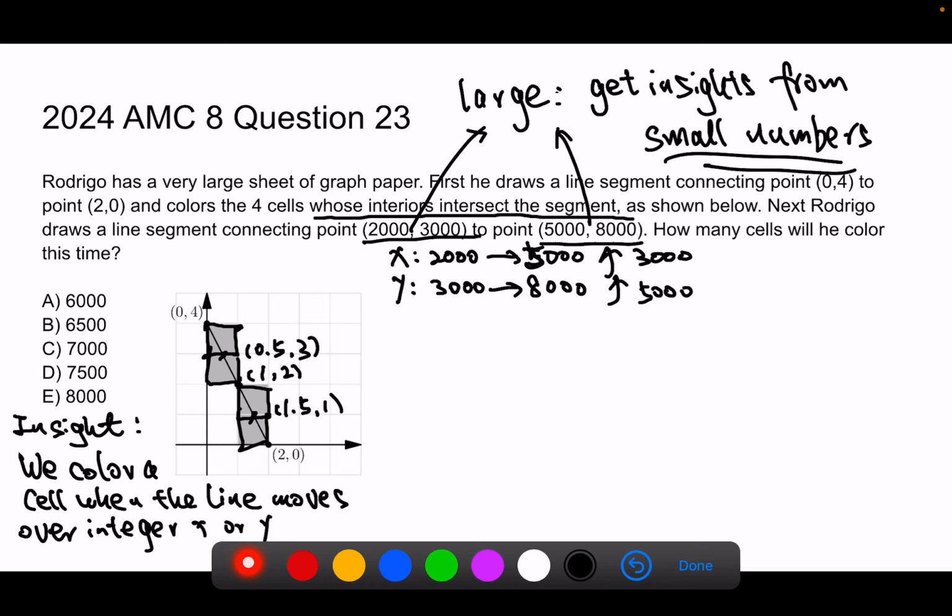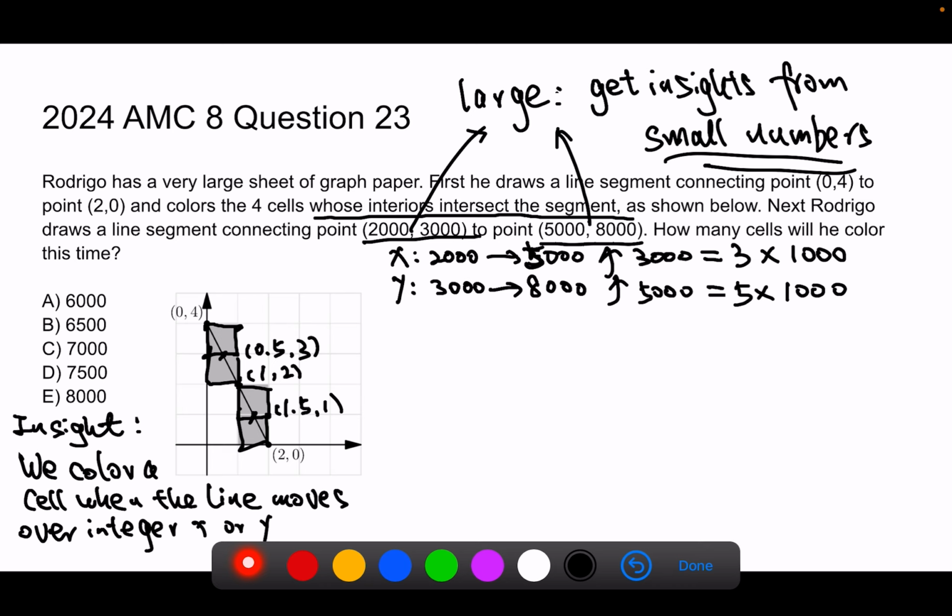Well, 3,000 is actually 3 times 1,000. 5,000 is 5 times 1,000. So technically, what we're doing here is starting from (2,000, 3,000), increase x by 3, increase y by 5.